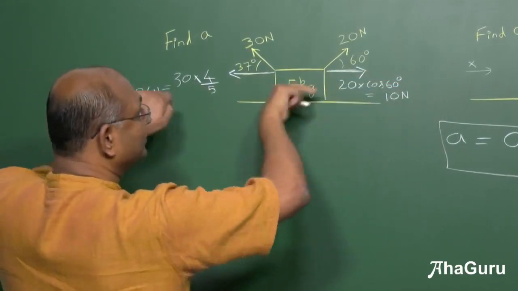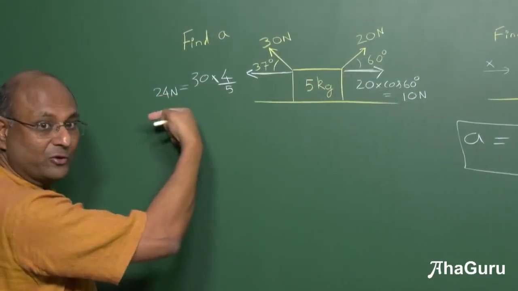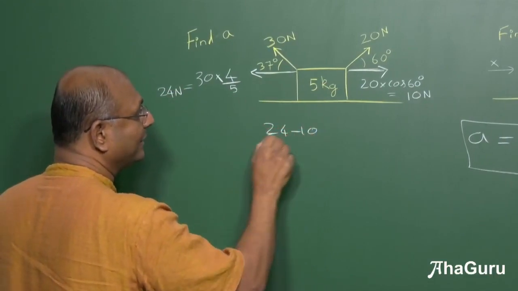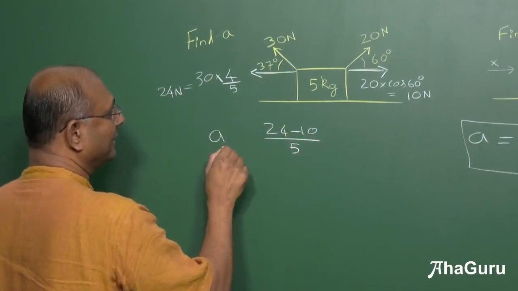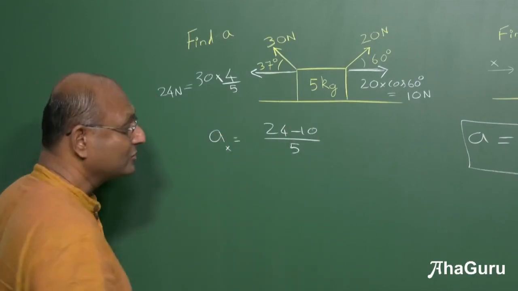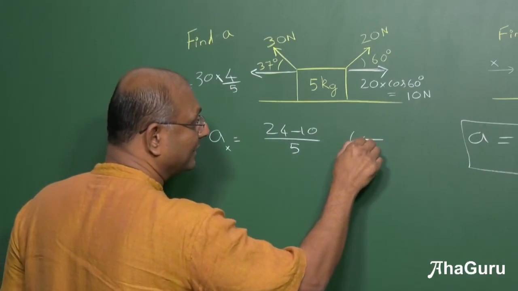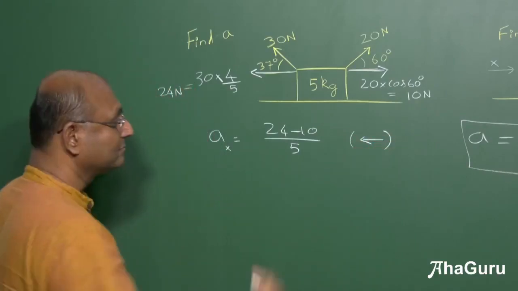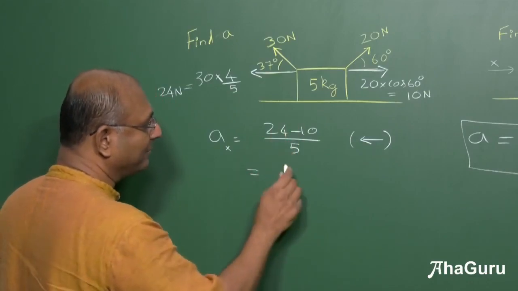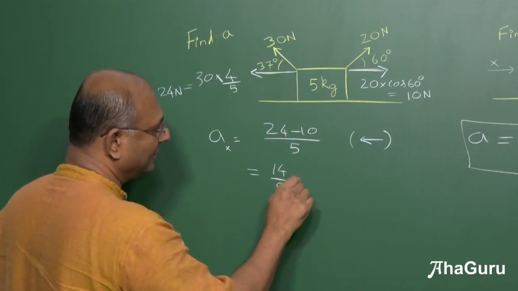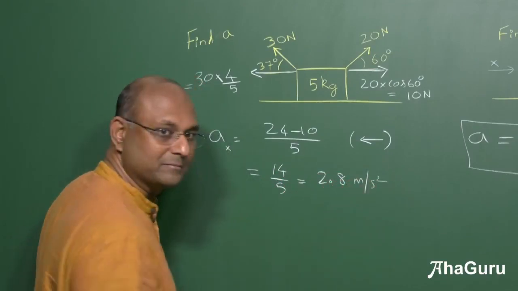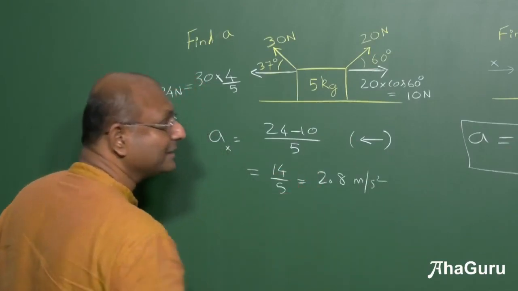Now if I compare these two, this is 10 newtons, this is 24 newtons. So 24 minus 10 divided by 5. So this is AX, but it is in this direction. So I will say in the direction like this. So how much is this? 14 by 5 is equal to 2.8 meters per second square in this direction.